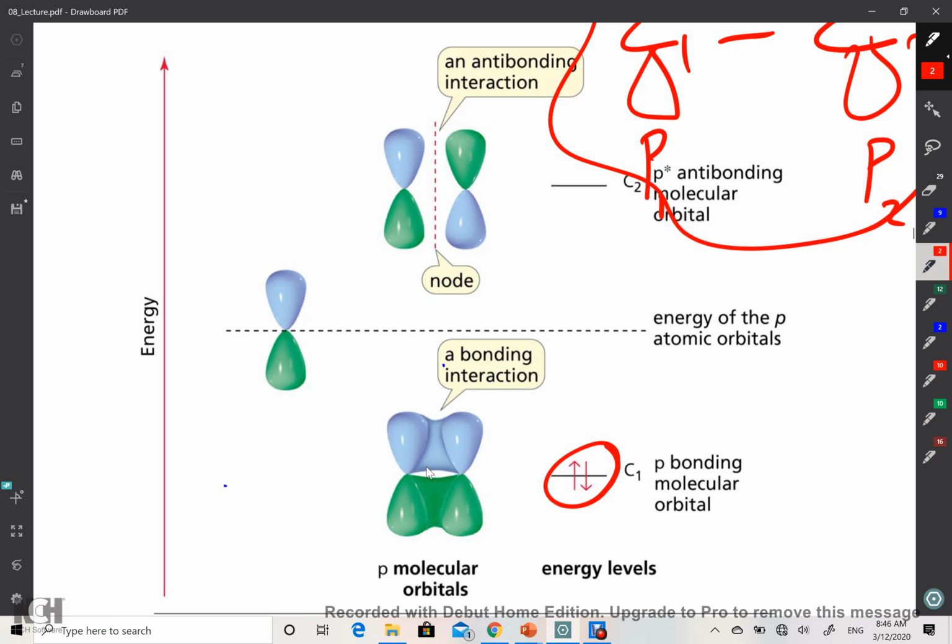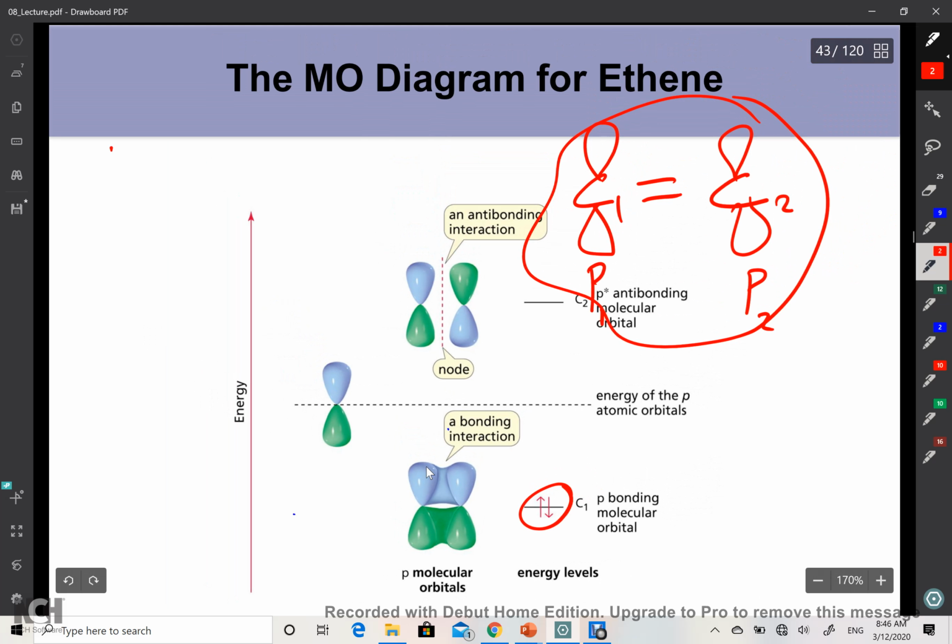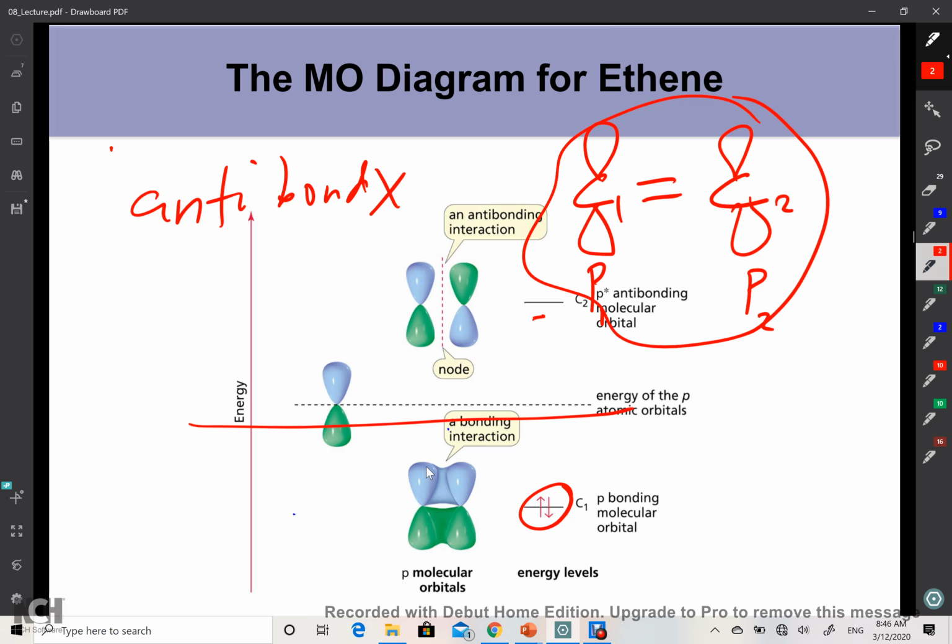Does that make sense? Now, the line separating those 2 orbitals is called a boundary. The orbitals above that boundary, without electrons, we refer to as the anti-bonding orbitals.